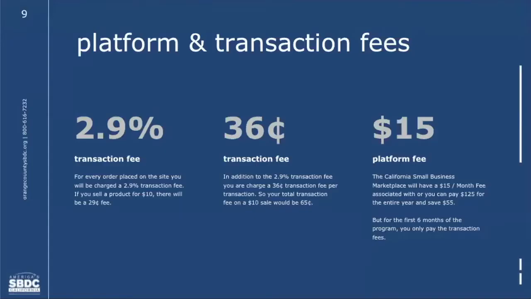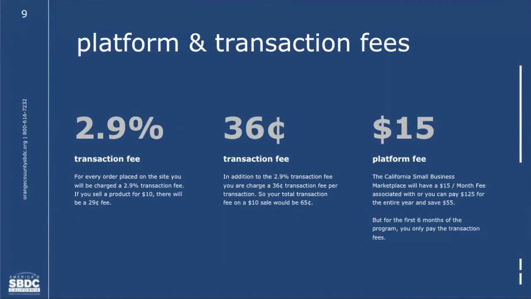Couple of other costs I want you to consider are the transaction fees that your platform or your payment processor is going to be charging you per transaction. For the California Shop Small Marketplace, you'll see transaction fees of 2.9% per transaction, as well as a 36 cents per transaction fee. For every order placed on your site, you're going to see these fees. What's this mean? It means if you sell a product for $10, the 2.9% translates into 29 cents.